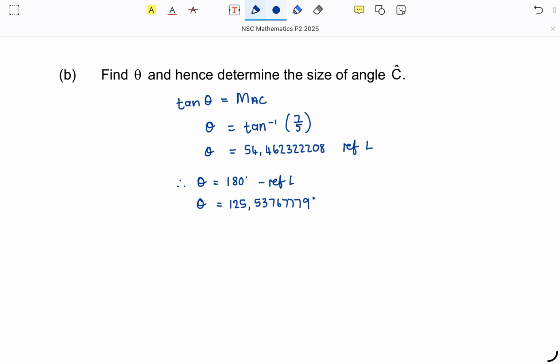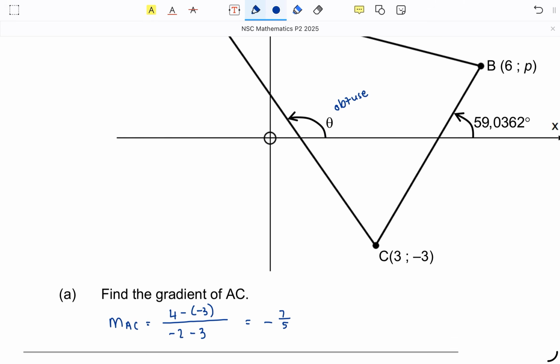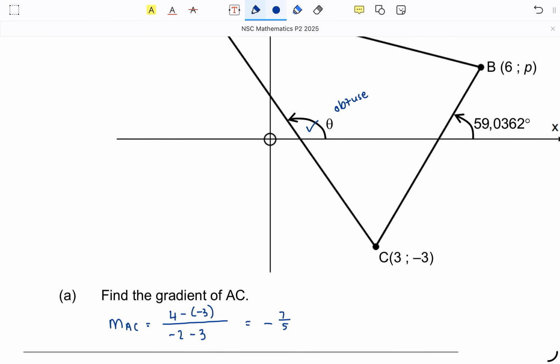And then they want the angle of C. So if we go back to the diagram, we now have theta. We do have the 59,0362 degrees, and we can see that that is technically vertically opposite. So this angle inside of this triangle is a known side.